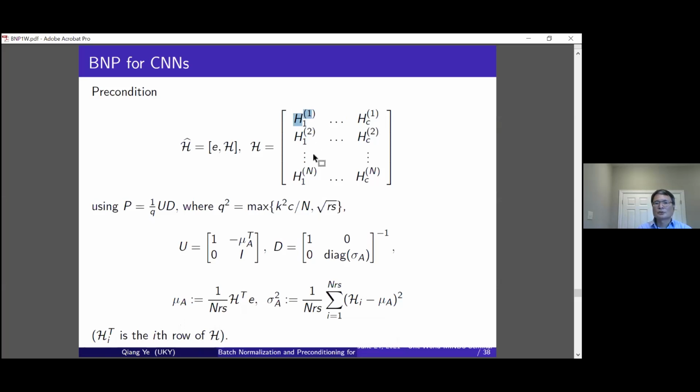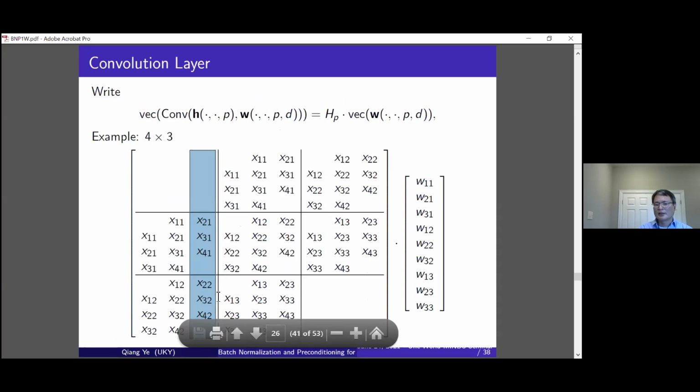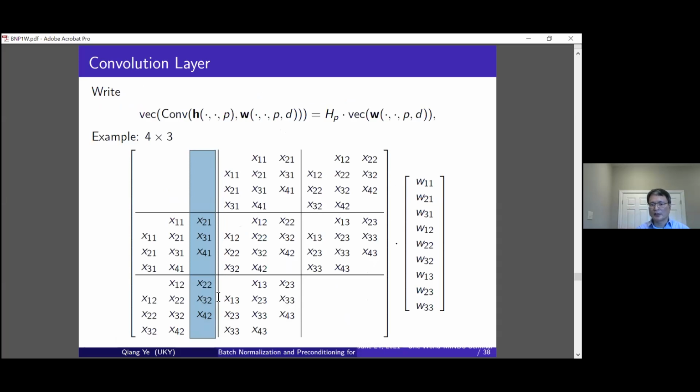Now for each block, you look at its row. Let me go back to that matrix that I talked about earlier. If you look at one row of this matrix, as I said earlier, there are entries of an R by S submatrix of the zero pattern matrix that's multiplied by one of those Wij.